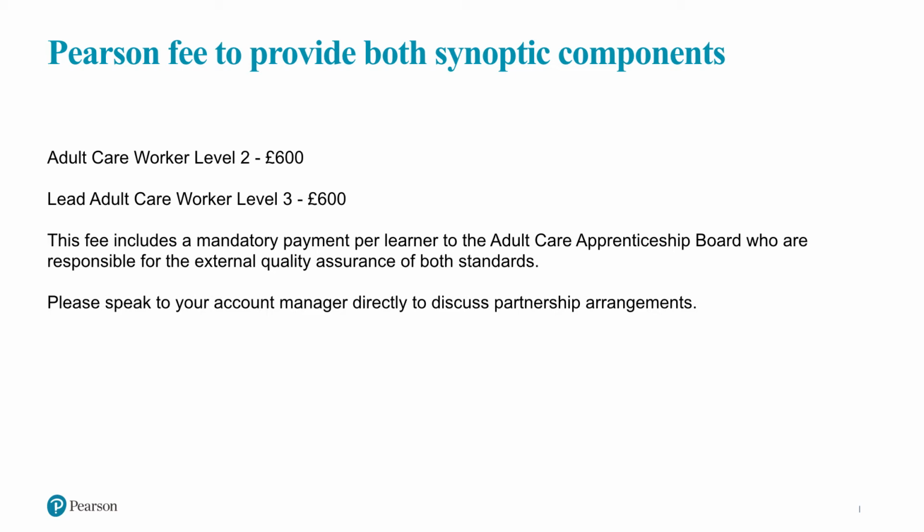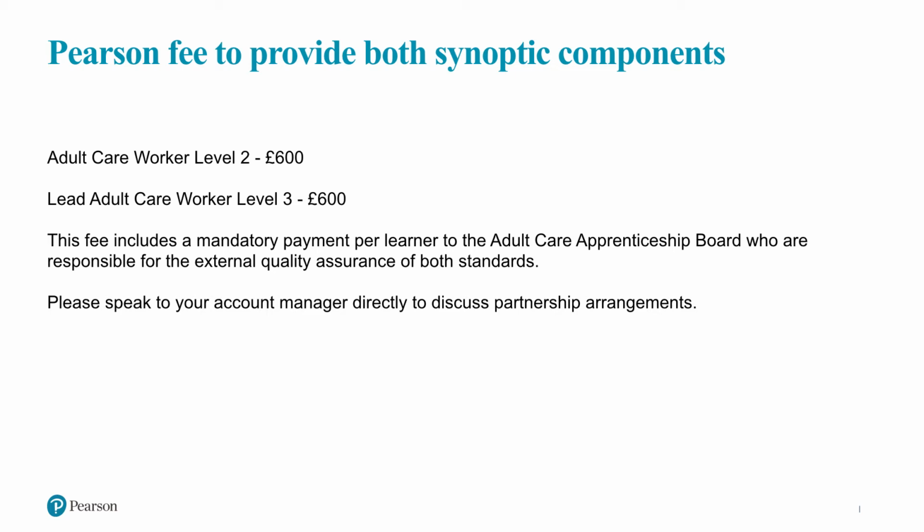So the fee includes a mandatory payment per learner to the Adultcare, which is the EQA board. Now that's not per learner sampled, that's per learner who is carrying out endpoint assessment. The figure has not been approved yet, but it's around £40 to £50 per learner. So we've had to factor that in to the endpoint assessment cost.